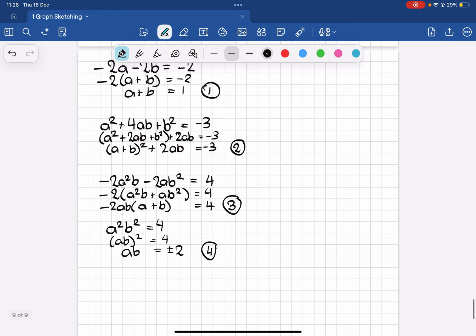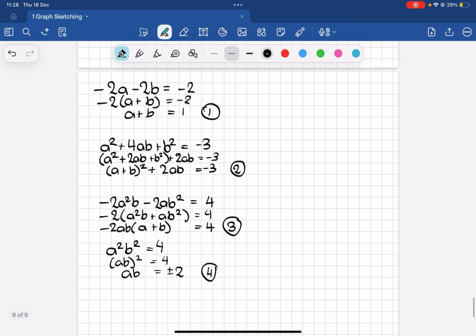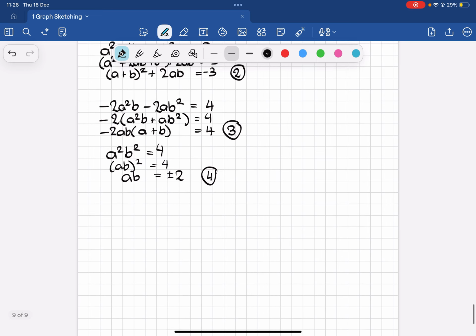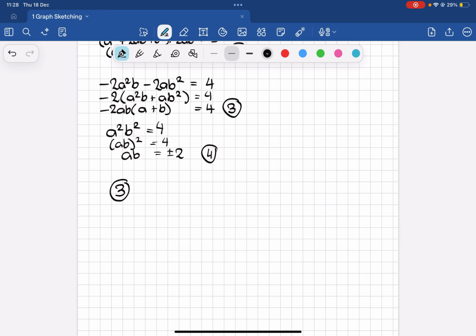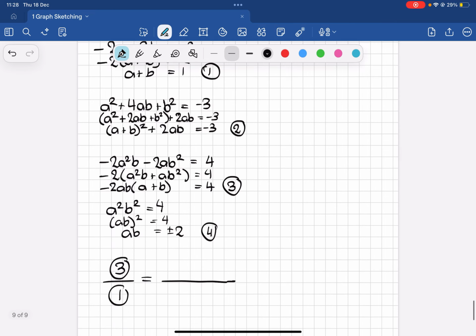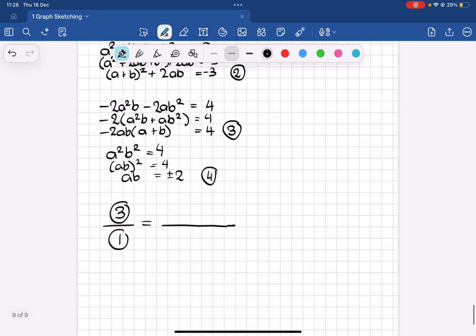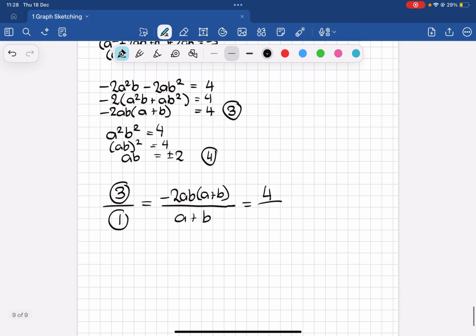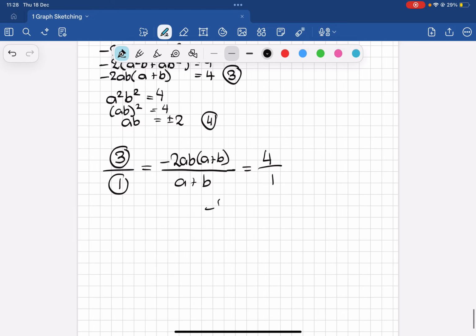So let's start. Equation 3 and 1 look quite similar. They both have a plus b, so let's go ahead and divide equation 3 by equation 1, which gives minus 2ab times (a plus b) over (a plus b) equals 4 over 1, which is minus 2ab equals 4, so ab equals minus 2.